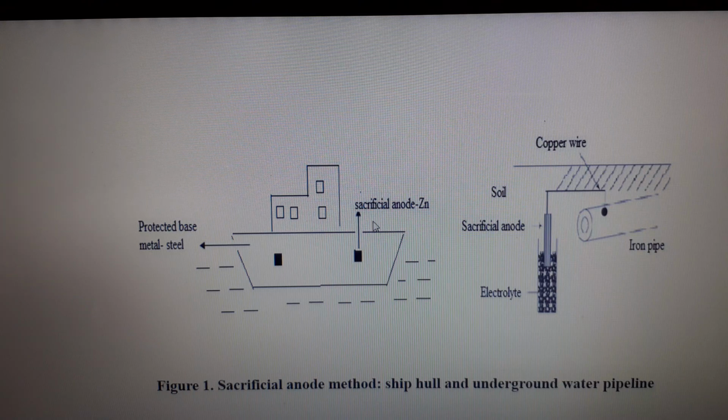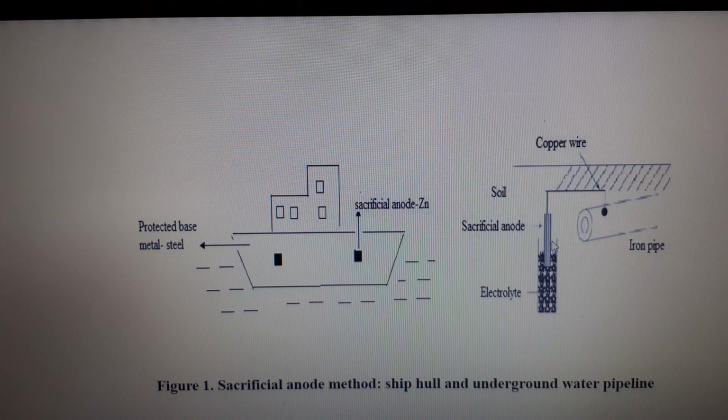metal, so that all corrosion is concentrated at this more active metal, and the more active metal itself gets corroded slowly, while the parent metal structure, that is the cathode, is protected. The more active metal so employed is called the sacrificial anode.